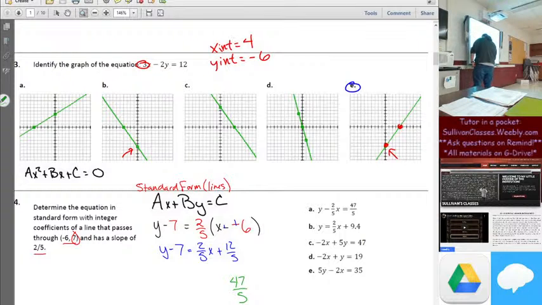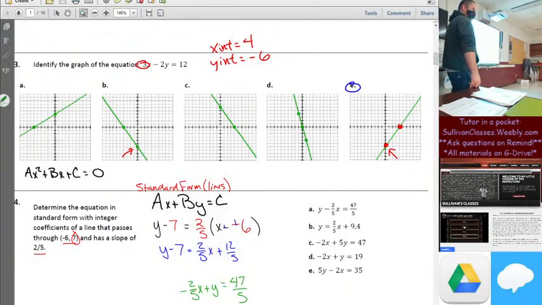Move the x to the other side. So which one is it? Nope. Why?